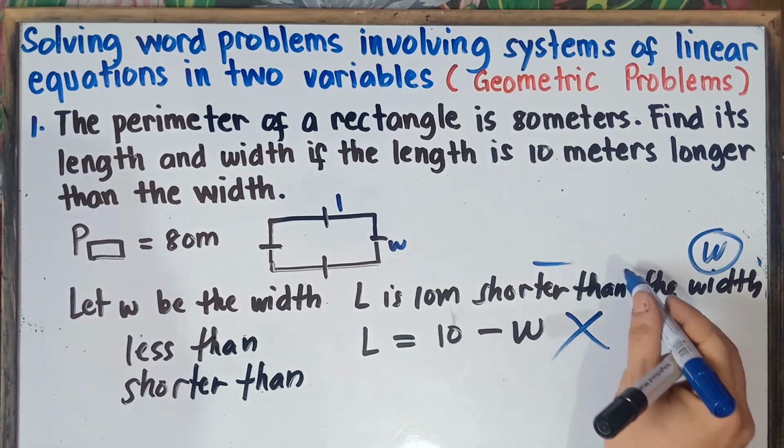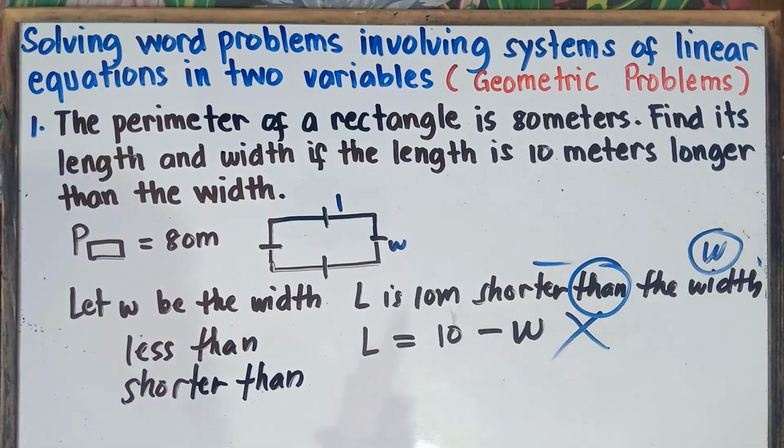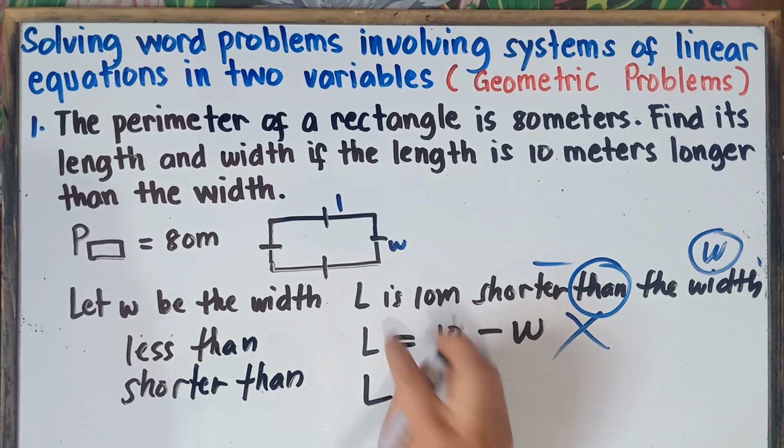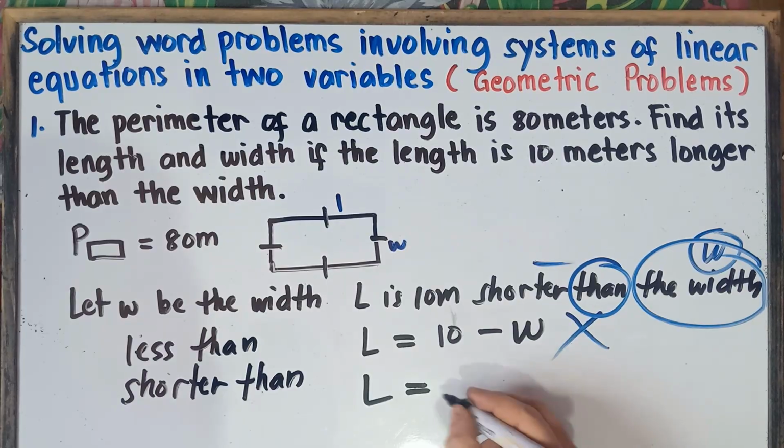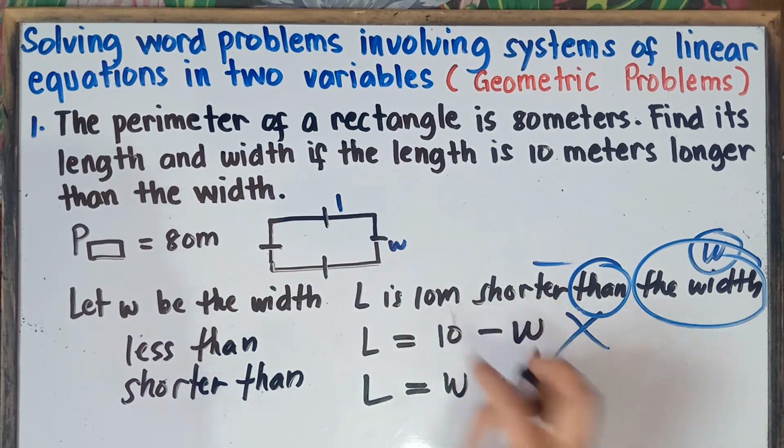Because if you have the word than, you should do it in reverse, especially in subtraction. The answer for this one should be L equals W minus 10, the width comes first.